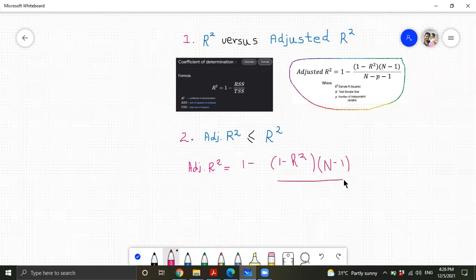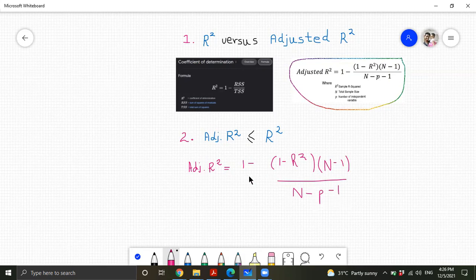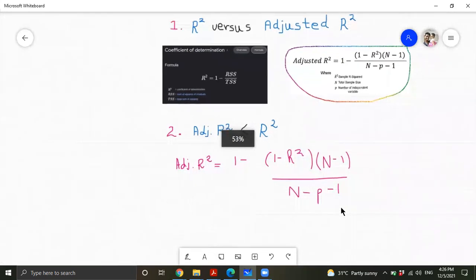Using this equation, we can't directly say that adjusted R squared is less than or equal to R squared. So we need to reduce this equation. We need to adjust this right hand side so that we can say that R squared is greater than or equal to adjusted R squared, right? So we just adjust this equation for our purpose.